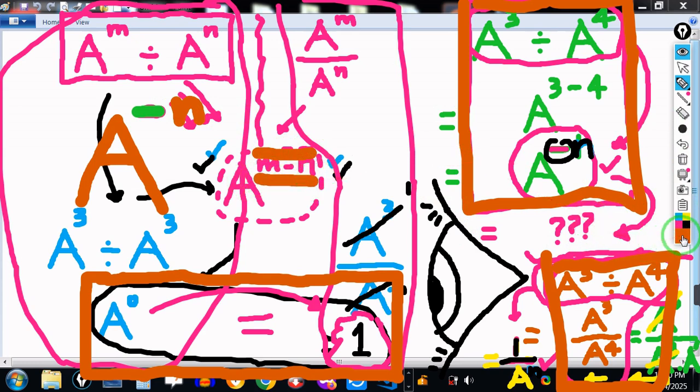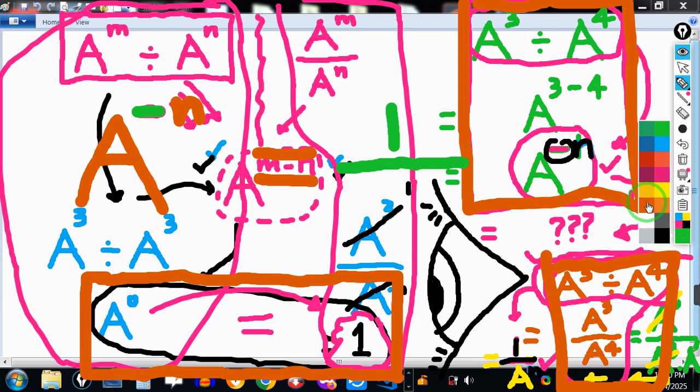What is the meaning of this negative here? It is 1 over. Very easy peasy. What's the meaning of this negative here? It is 1 over. And then all the rest that you see, you just write it down.